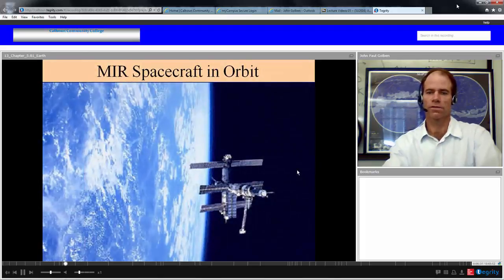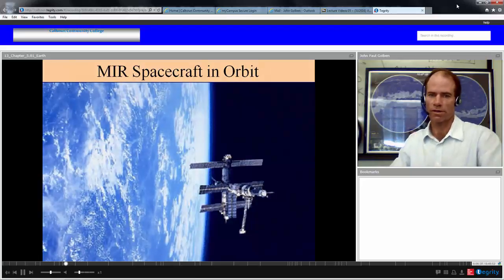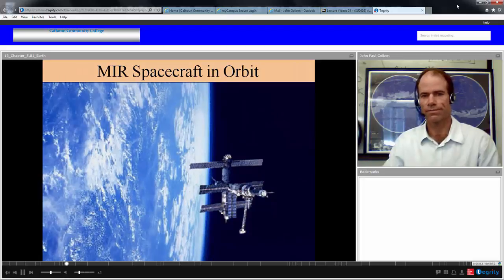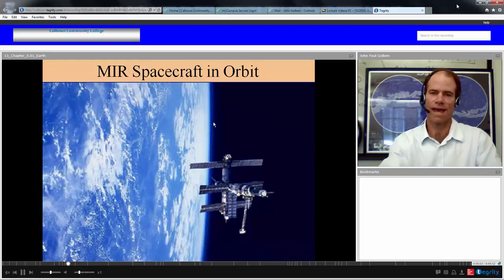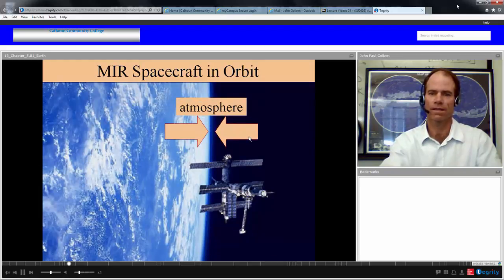Here's a picture of the MIR spacecraft in orbit around the Earth, and of course the MIR is interesting, but most interesting, I think, in this photograph is the picture of the Earth, and you see the curvature of the Earth, and you see the Earth's atmosphere right here. It's just this thin blue line is the Earth's atmosphere, and you get a picture of how thin that atmosphere is.